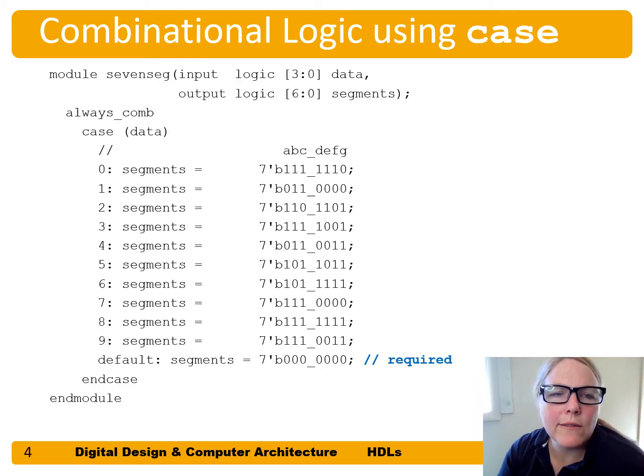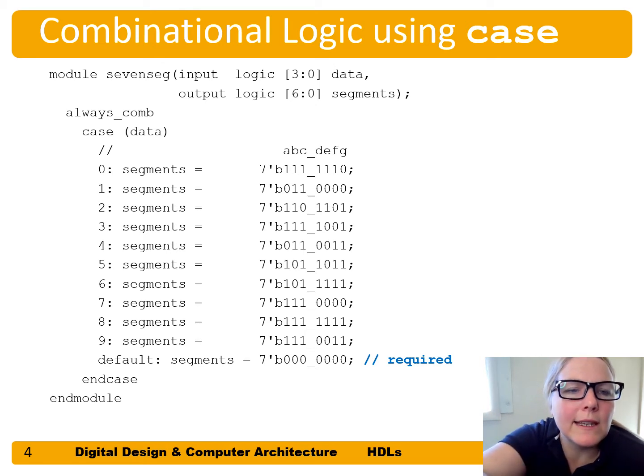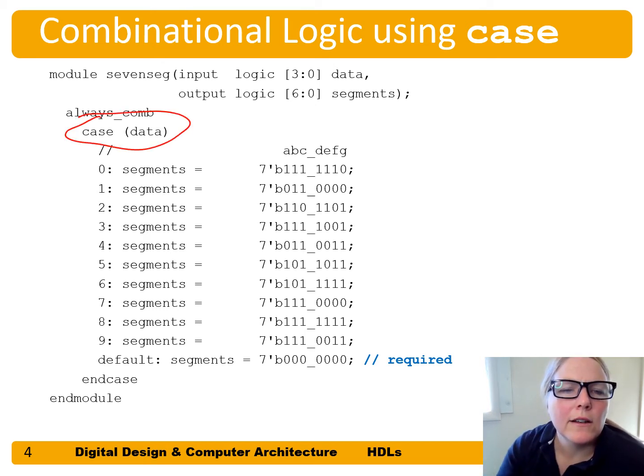So here we have a 7-segment display decoder, which is a combinational circuit that is described using an always block. So always_comb, and then we have this case statement within our always block. And so remember, case statements have to be inside of an always block. And so we'll notice this is a 7-segment display decoder.